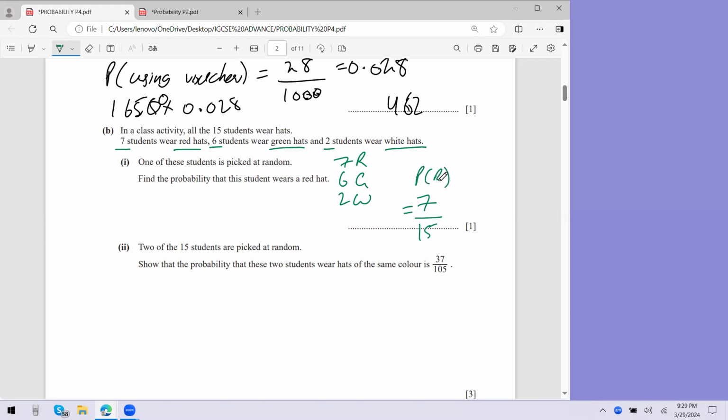Two of the students are picked at random. Find the probability that these two wear hats of the same color. So now what they are asking is, either first one is red, the second is also red, or first one is green, second is also green, or first one is white, second is also white. Easy, right? Can you try that, please?